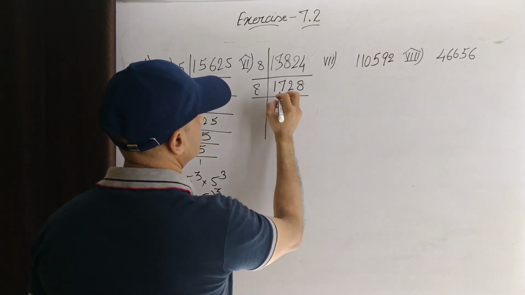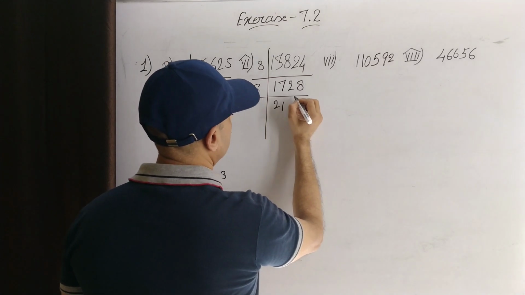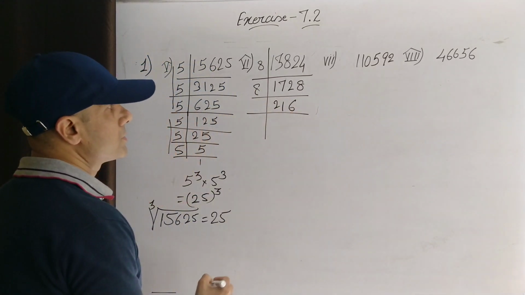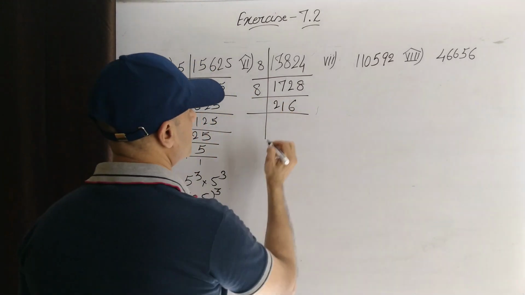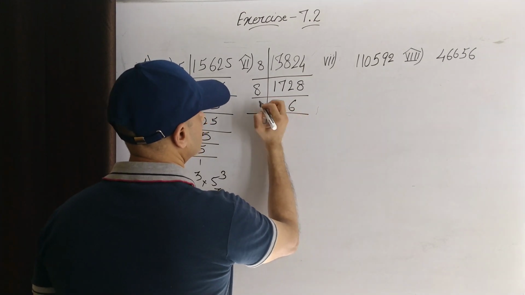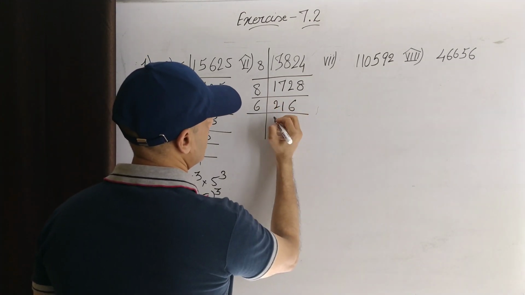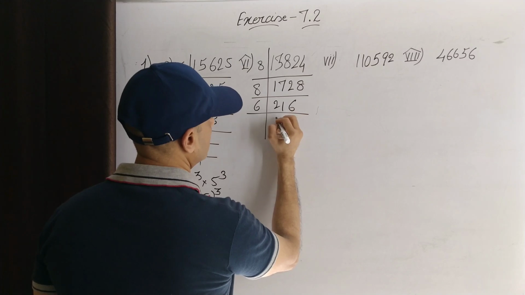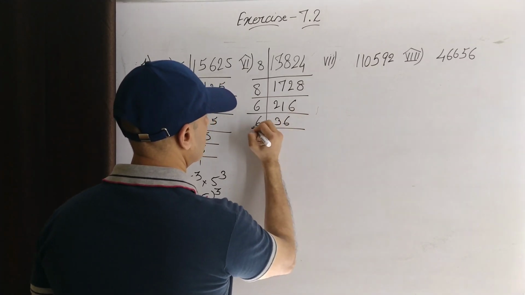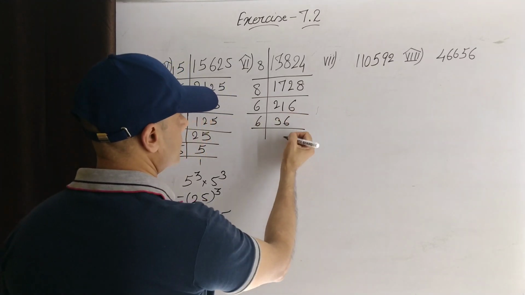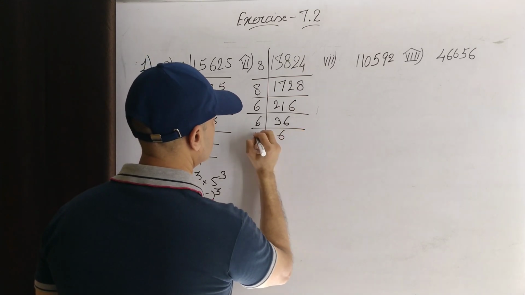Not 1, not 2, 4, 6. 216. 216 is cube of 6, so we'll take 6 and we'll have here 36, again 6, we'll take here 6 and we'll have 1.